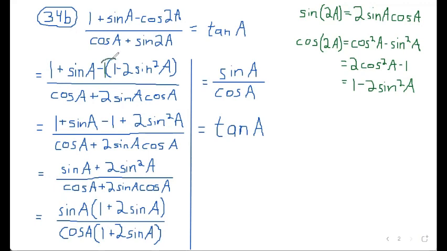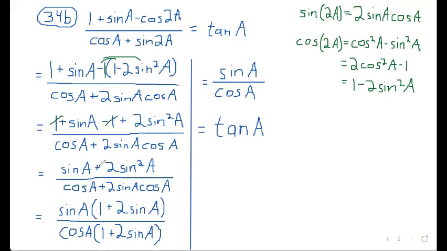So we distribute the -1 like this. We multiply -1 times 1, that gives us -1. And -1 times -2 sine squared of A gives us +2 sine squared of A. And then from here, we see that we can combine like terms because we have 1 and then -1. So these cancel out. We're left with sine of A plus 2 sine squared of A.